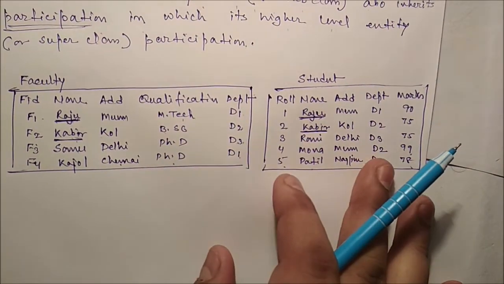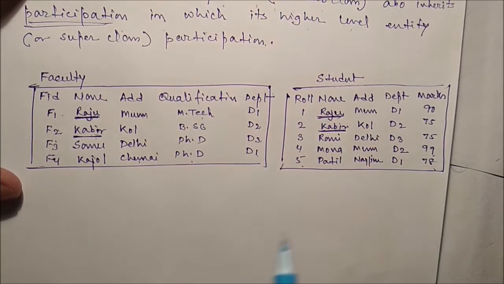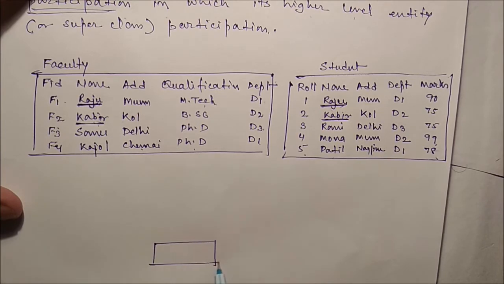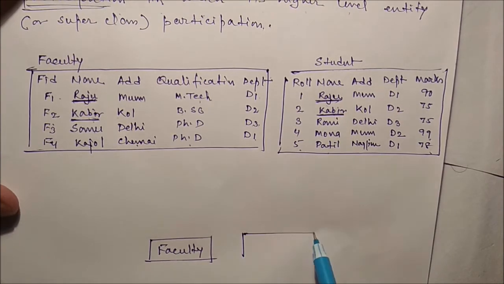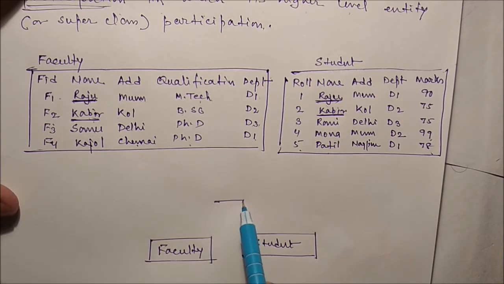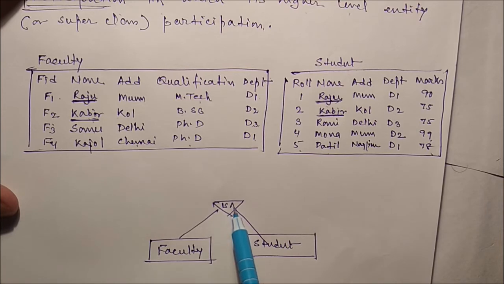We can create one generalization based on this information. We have a table faculty, and here we have another table, student. Both are person.